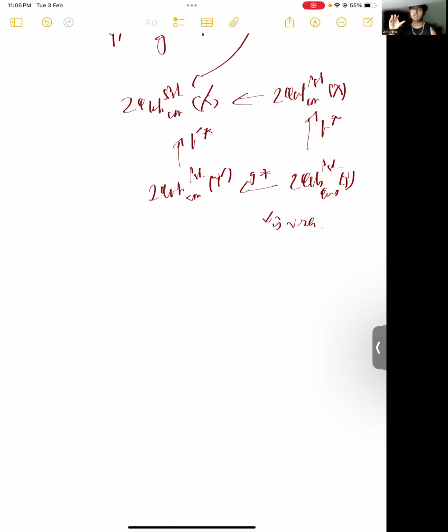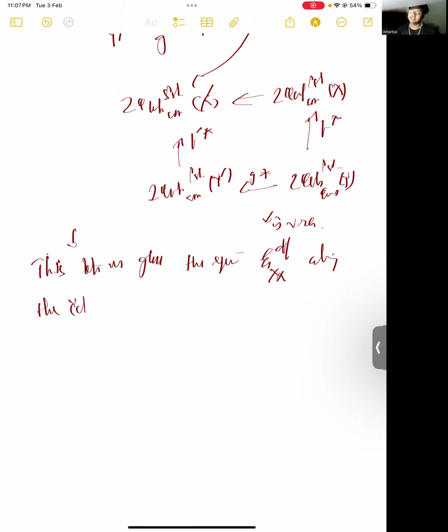This lets us glue the equivalences psi f x alphas along the Čech nerve of the cover alpha to x.